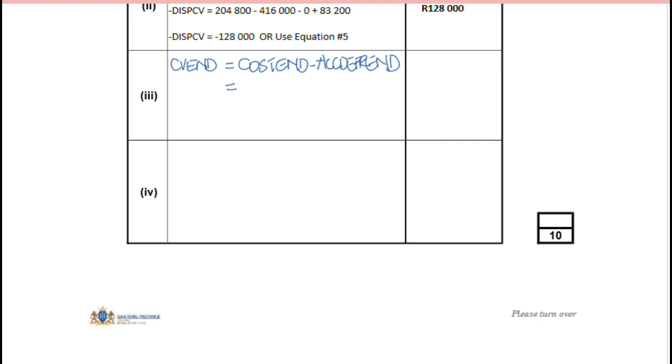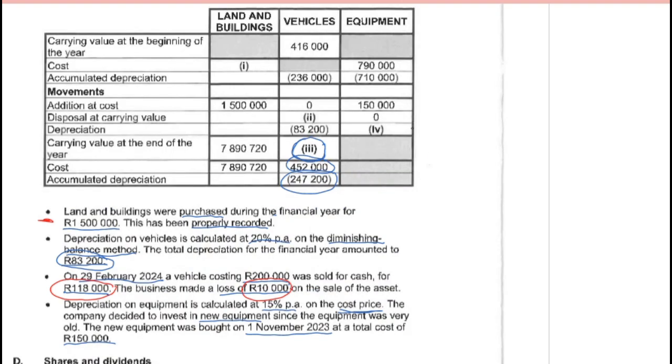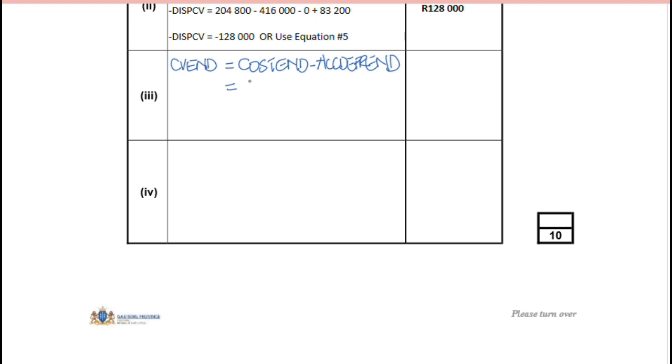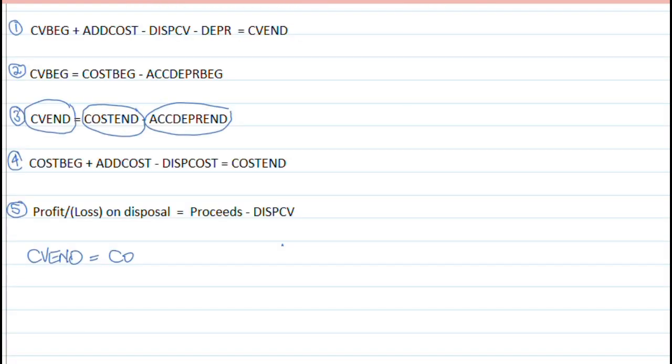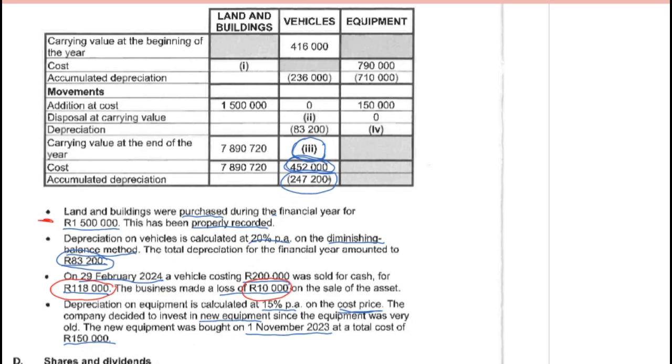The cost at the end of the year is equal to 452,000 rands. The accumulated depreciation at the end of the year is 247,200.